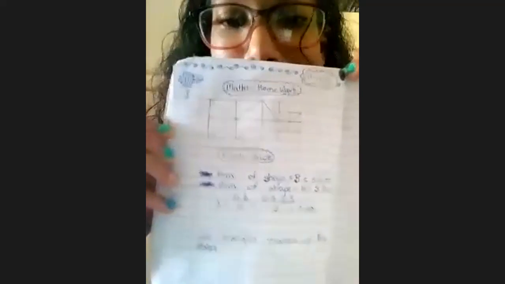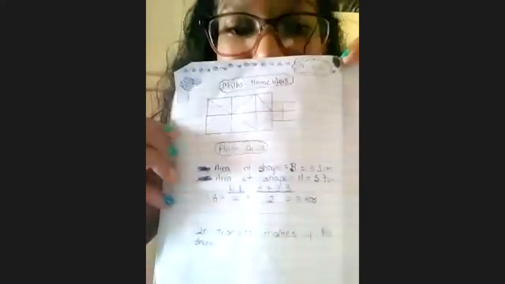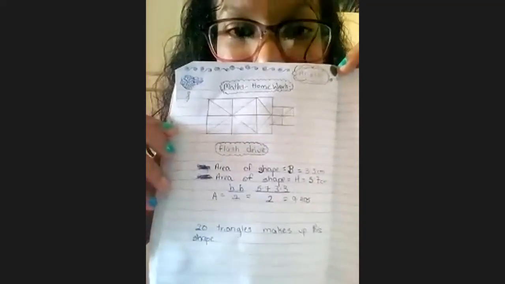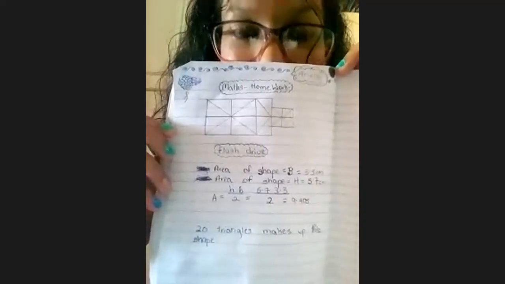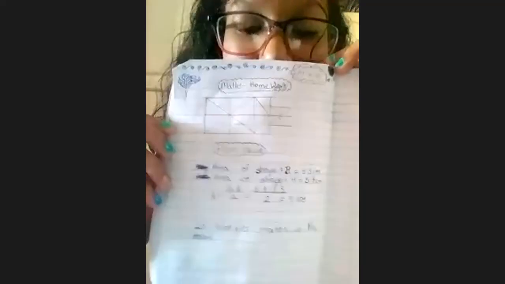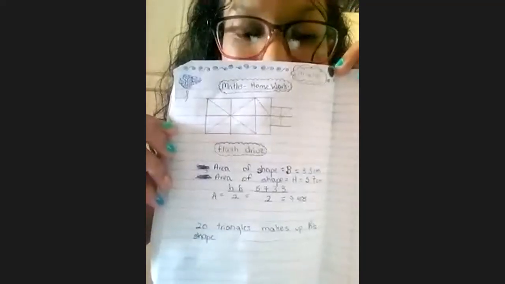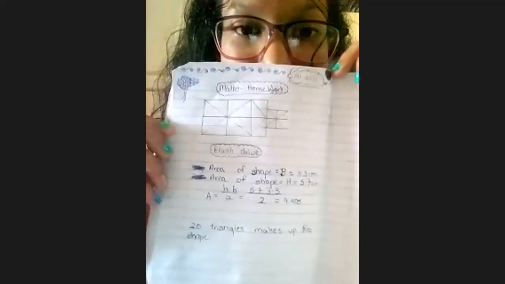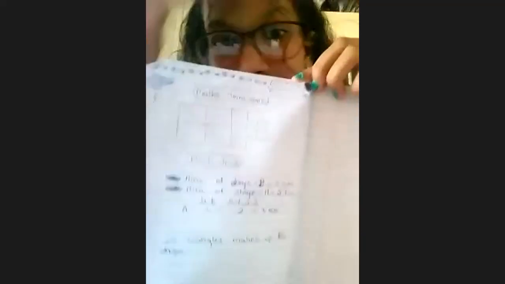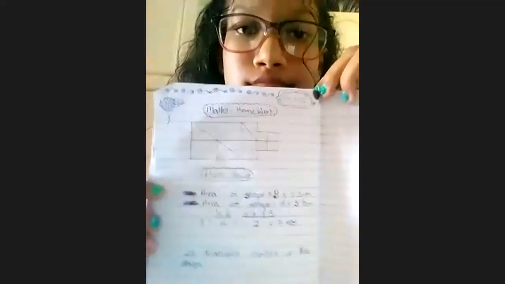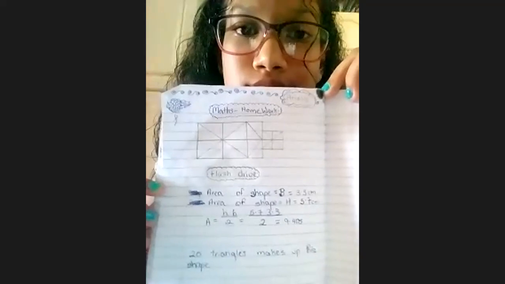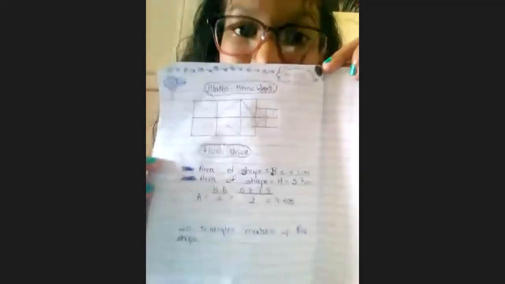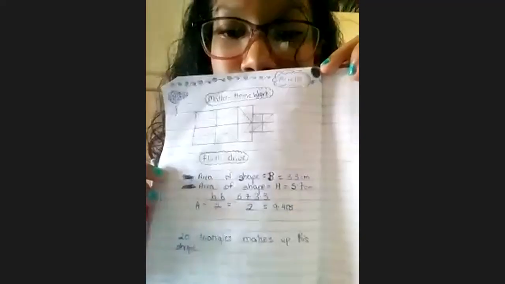What we can say is that the base and our height is the base and our height of each of these little triangles, instead of saying it for the whole thing. And we'll say that this square here is the same as these 6 squares here, just to make it easier.